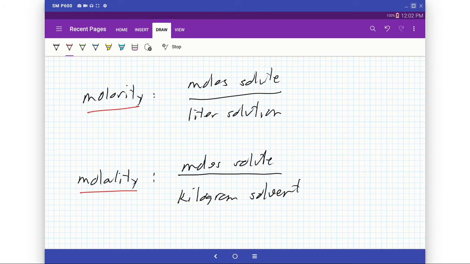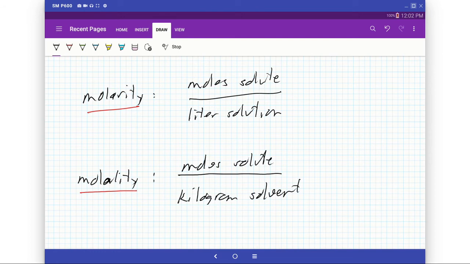That's molality, M-O-L-A-L. Molality does have a lot of benefits over molarity in the sense that it is independent of temperature. While a solution might vary in volume as a function of temperature, the density changes, molality doesn't have that.